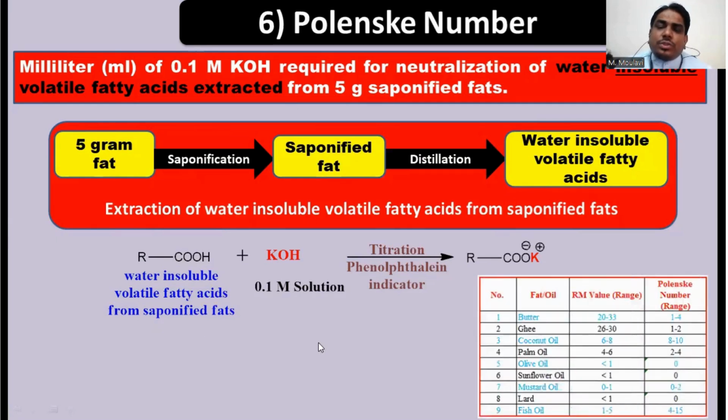This table shows the Reichert-Meissl value and the Polenske number of different types of fats and oils. In this table, it is clear that butter and ghee have the higher Reichert-Meissl value. So the Reichert-Meissl value and Polenske number can be used for the detection of adulteration in butter and fat.